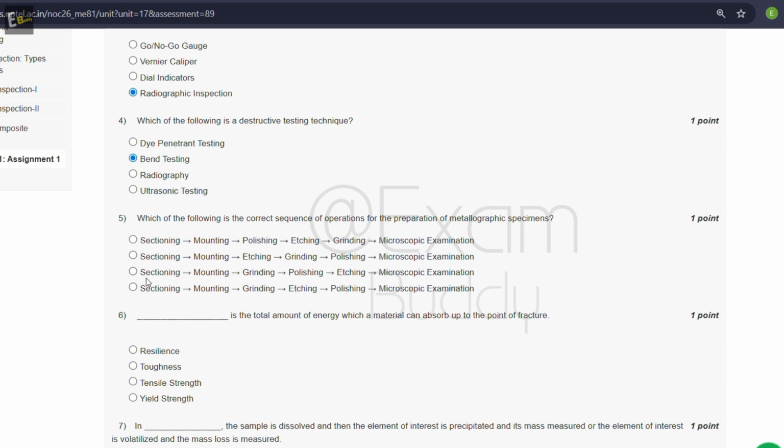Option C, selecting, mounting, grinding, polishing, etching, microscopic examination. Or option D, selecting, mounting, grinding, etching, polishing, microscopic examination. So the answer is option C, selecting, mounting, grinding, polishing, etching, and microscopic examination.